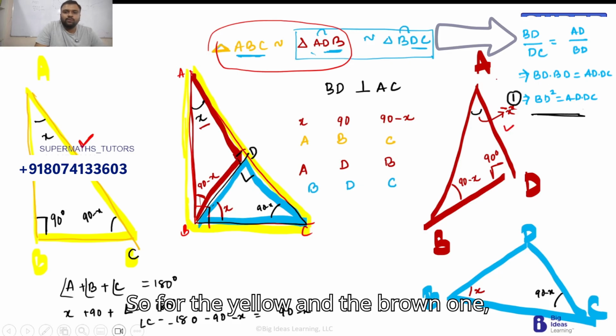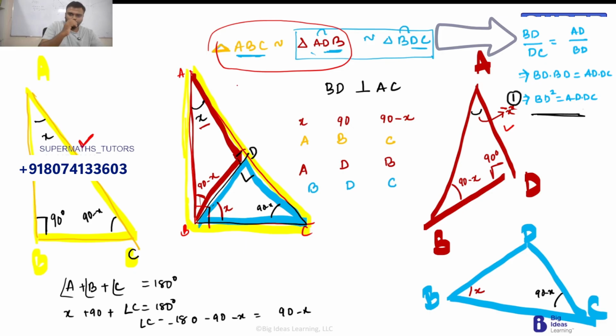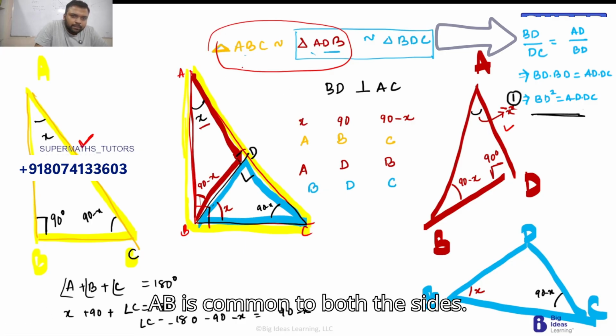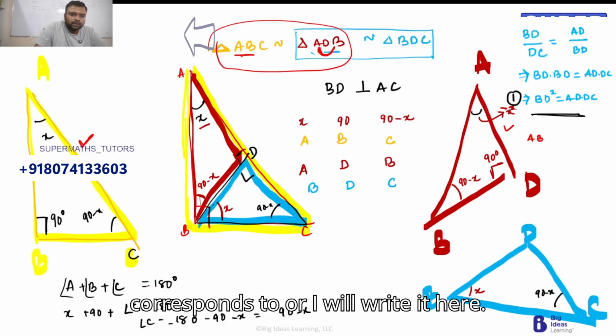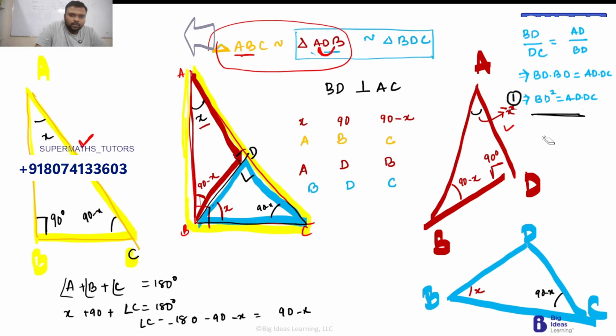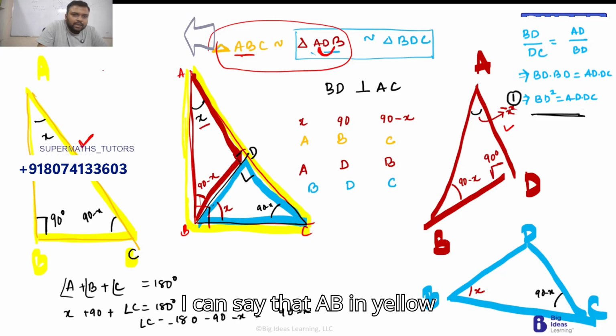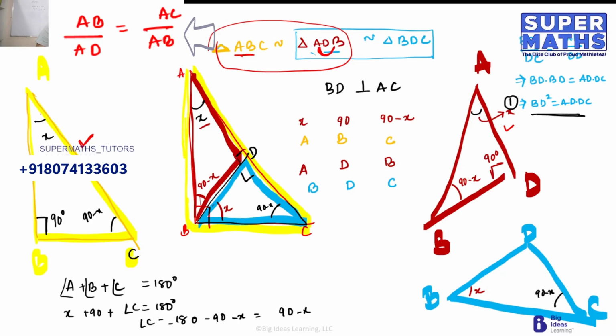So for the yellow and the brown one, which side is common? AB. AB is common to both the triangles, so AB in the yellow triangle corresponds to AD in the brown triangle.